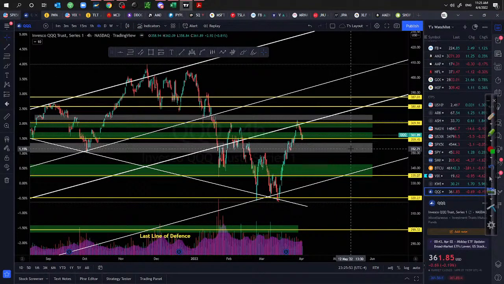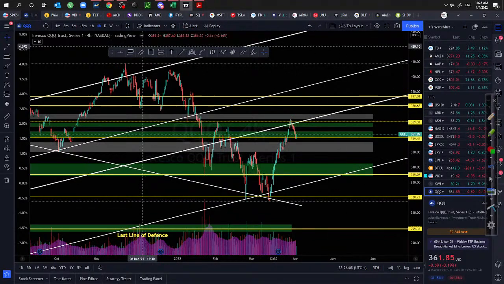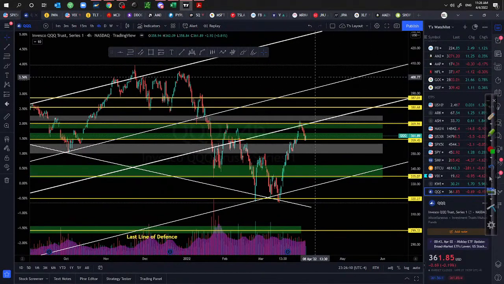Let's just say 350, right? 350 even. So that will be your update on QQQ, bounce on 350. If we get lower than that, then there's likely to be a bounce at 342 or 335. Those are the three key levels here for bounces to come in, based on volume and market maker positioning.